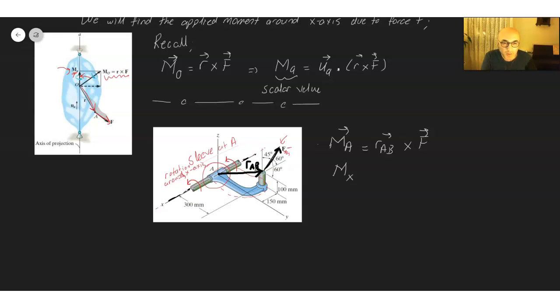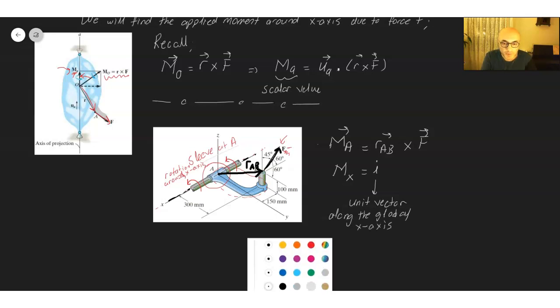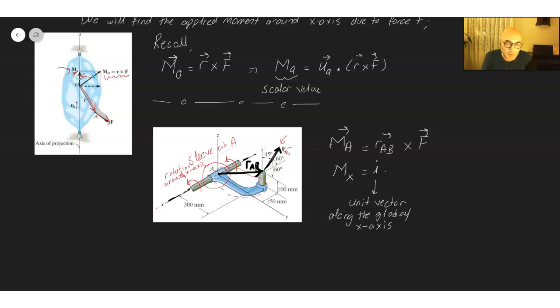The second step will be to find Mx. So Mx will be i, the unit vector along the global x-axis, dotted with r_AB cross product F. This is our formula to find Mx.